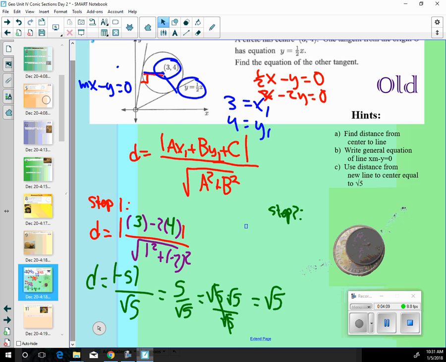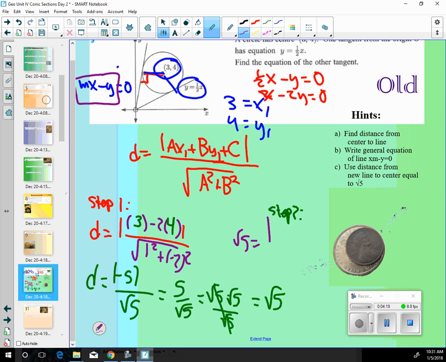The distance, square root of 5, is equal to, we're going to use this one now, m times 3 minus 1 times 4 over the square root of m squared plus negative 1 squared. Any questions on that?